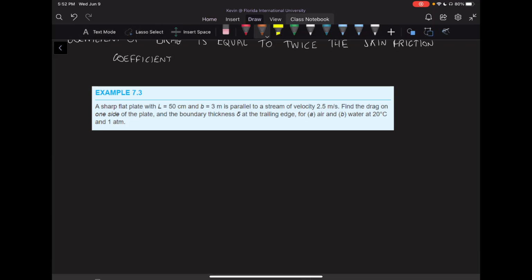It's example 7.3 in your book, and it says a sharp flat plate with L equal to 50 centimeters and B equal to 3 meters, so thickness into the paper, is parallel to a stream with a velocity of 2.5 meters per second. So we know that we have a flat plate, and we can draw this flat plate.